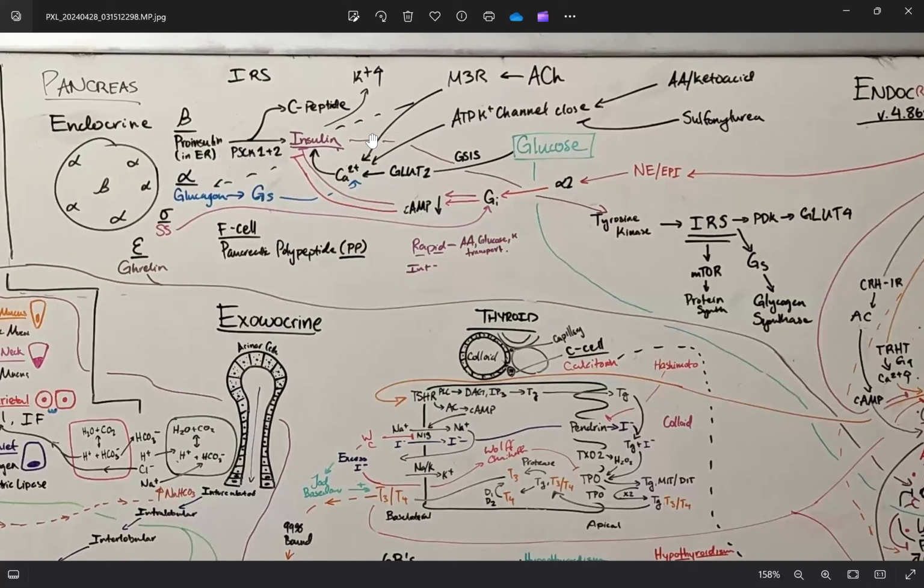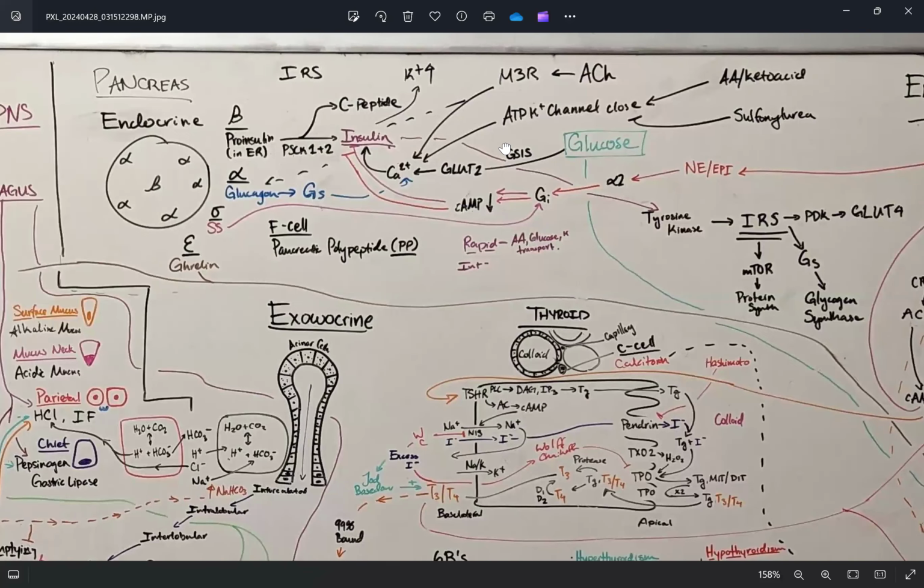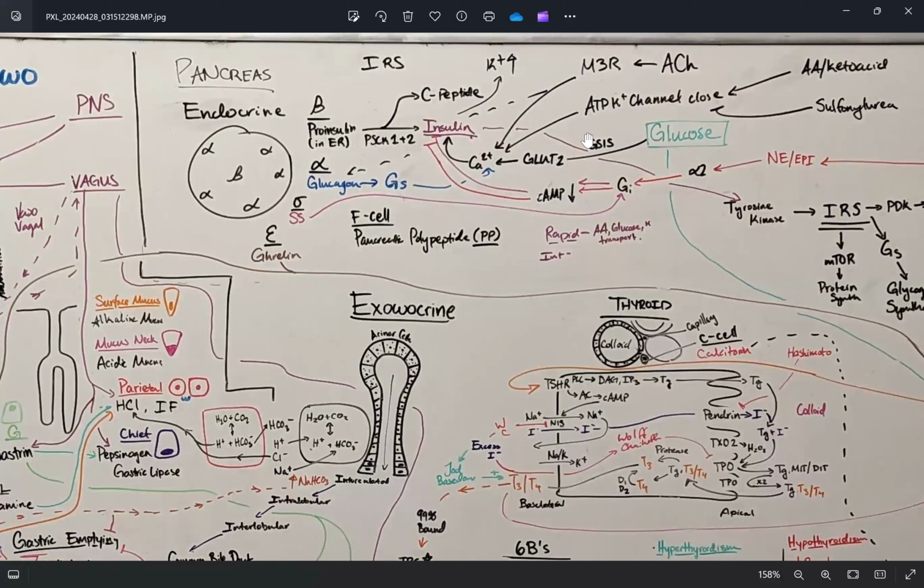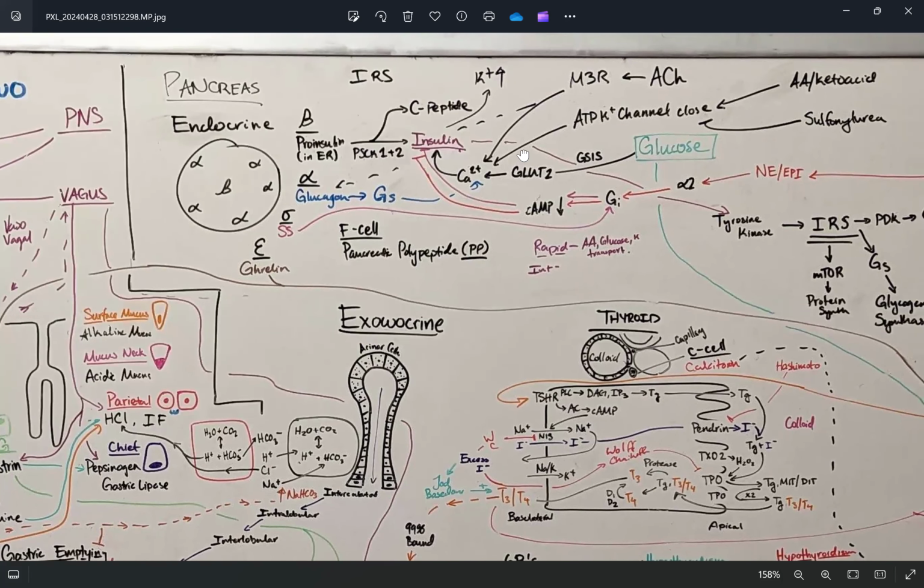You can also have ACH stimulation of the M3R receptor, calcium to insulin. You also have our most classic pathway, I believe, GSIS, or glucose-stimulated insulin secretion. Glucose goes to GLUT2. GLUT2 will increase calcium levels and therefore insulin again.